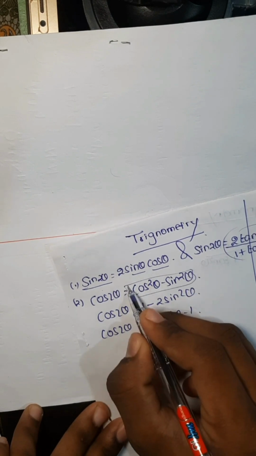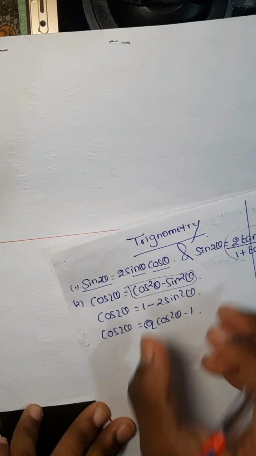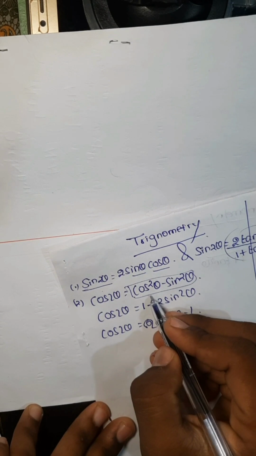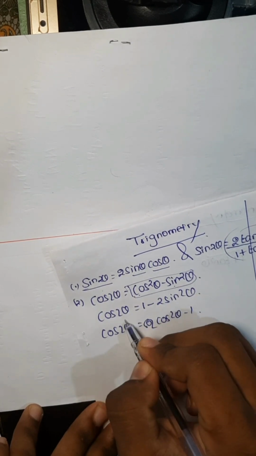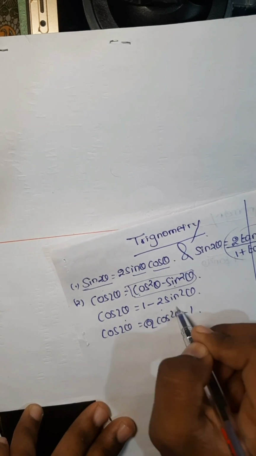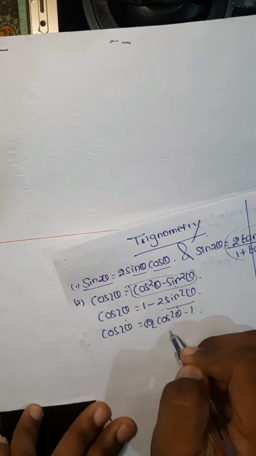We can express the first in the form of cos and sin, the second only in sin, and the third only in cos.